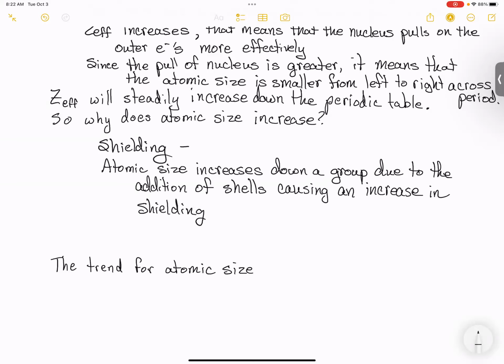So atomic size increases down a group due to the fact that you're adding on shells, which increases the shielding.